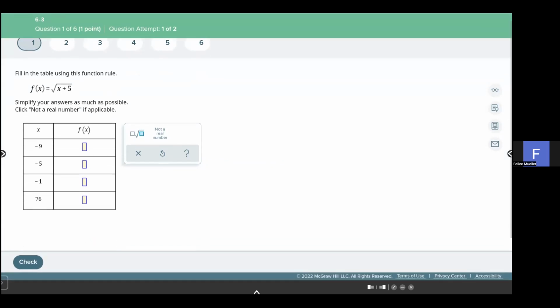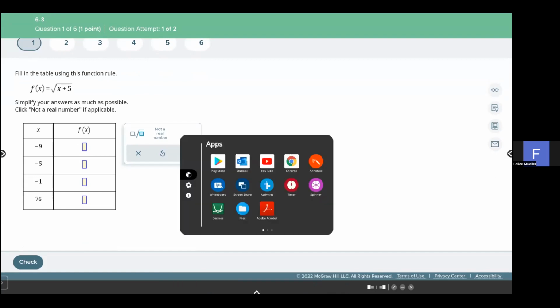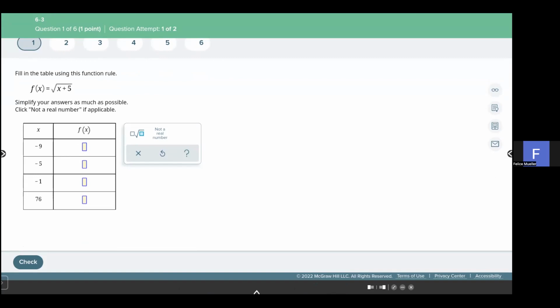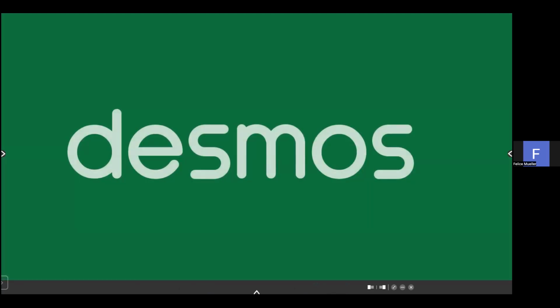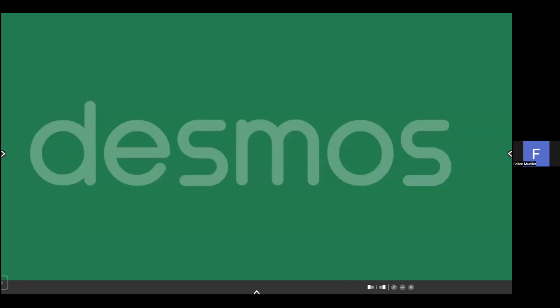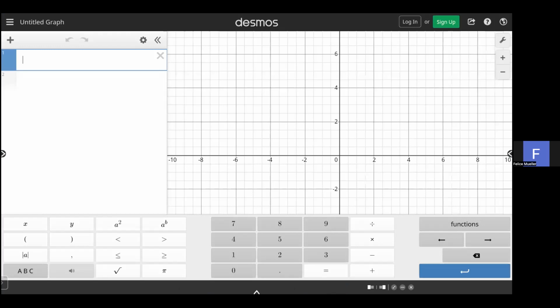So for this first one, I would just type this in Desmos and go ahead and get it done that way. But sadly, this Promethean board does not like it. I can try one last time again. I would love for Desmos to work on here. We'll take a look and see if maybe I'll get lucky. I want a square root.